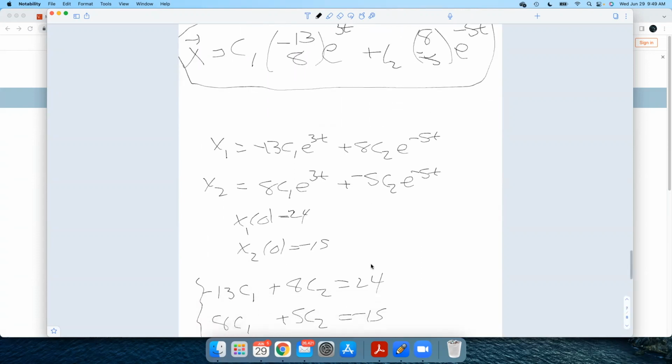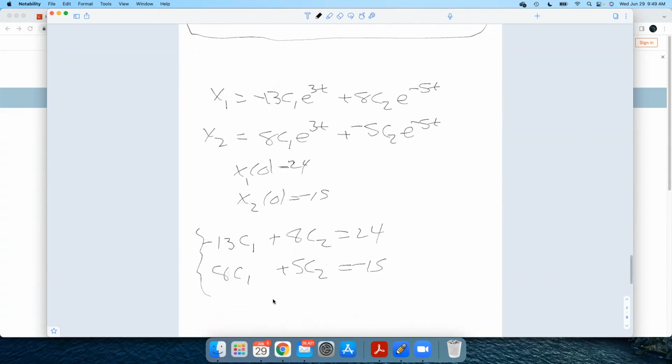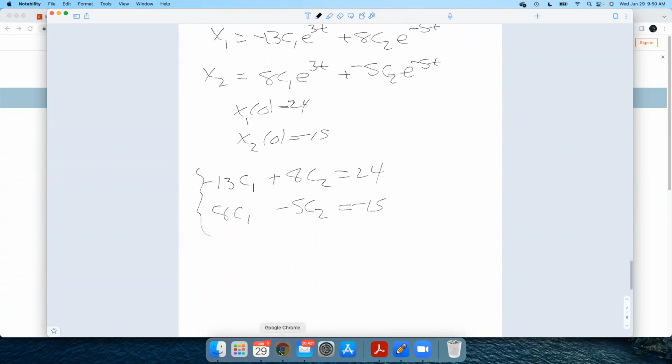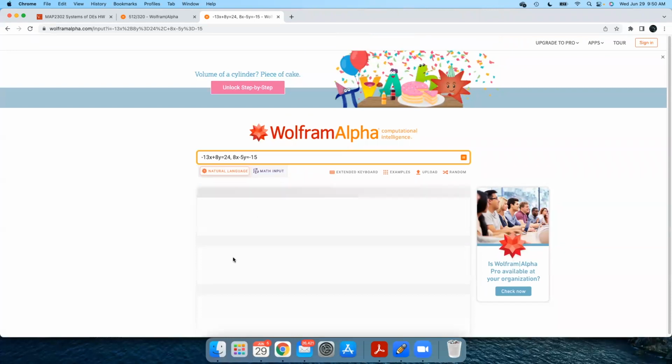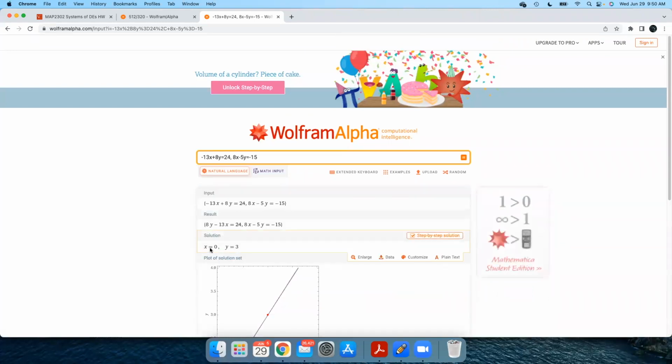And I know it's not right because I can see the answer has C1 equals 0, or one of the C's is 0. So this should be a minus right there. Okay, so let's fix that. Right there, minus. And we get x equals 0, y equals 3. So C1 is 0, C2 is 3.